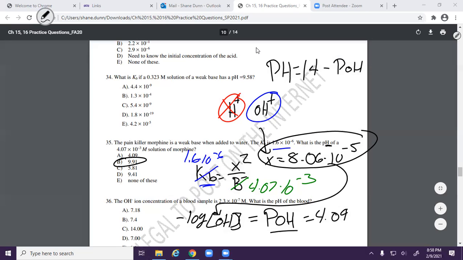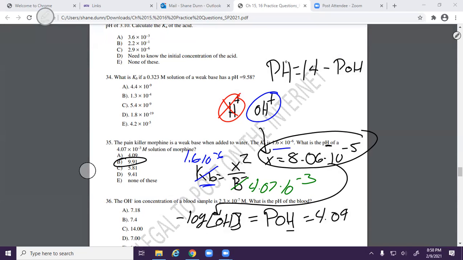Make sense? For some reason, 35 is way harder than 36. You'll see why. Zoomies, how you doing? Good. Cool. You following along? Yeah.